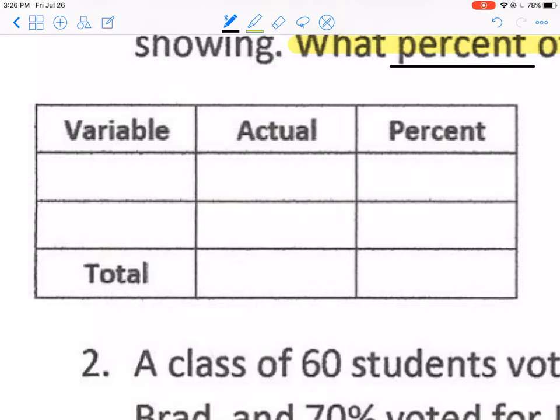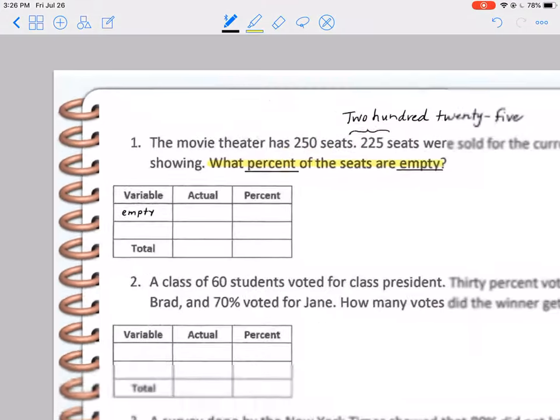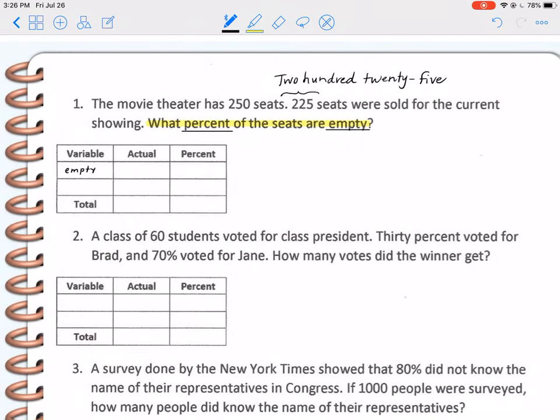How do they vary? Well, they're either empty or they are sold. I'm using the word from the problem. You could say empty and full. You could say sold and not sold, whatever you want to say. But I like to use the words from my problem because that helps me to organize. So 225 were sold.